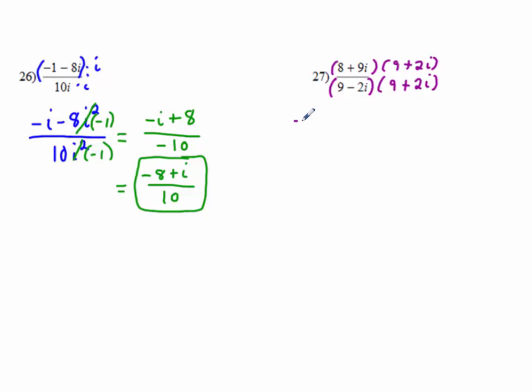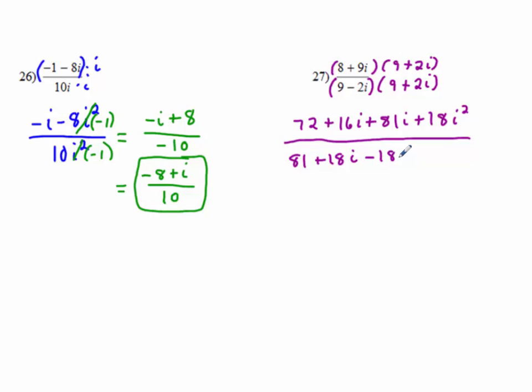So on top, I get 72 plus 16i plus 81i plus 18i squared. And on bottom, I get 81 plus 18i minus 18i minus 4i squared.